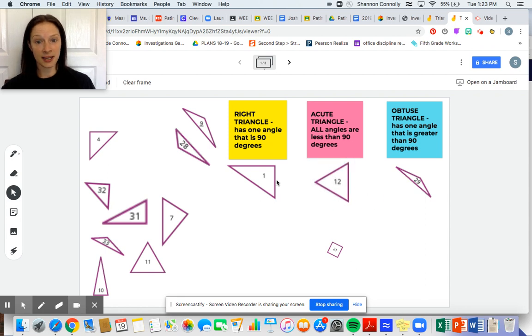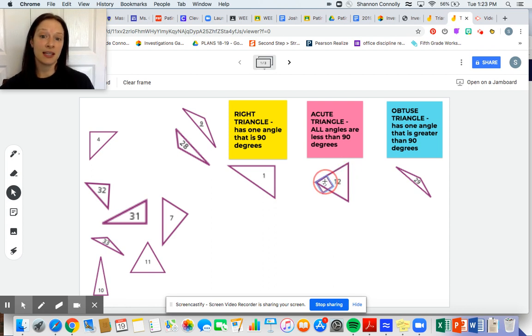Then I'm going to show you an example of an acute triangle. Okay? So I can tell that every single angle is less than this right angle here. But in case I'm confused and I can't tell right away, I am going to line up my square tile with the angle, and I see that there's extra space in the square tile, which means that the angle is less than 90 degrees, okay?